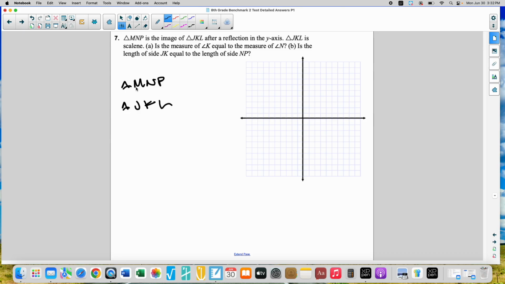So M corresponds with J, N corresponds with K, P corresponds with L, MN corresponds with JK, NP with KL, PM with LJ. All those are congruent. So the question for A is, is the measure of K equal to the measure of N? So yes, they correspond. Yes, because they're corresponding angles.